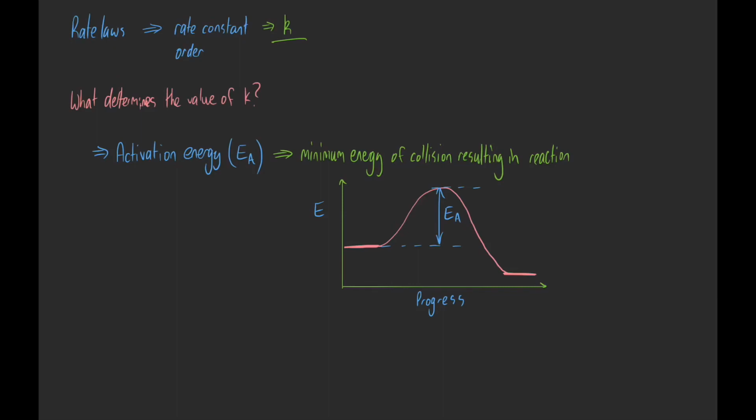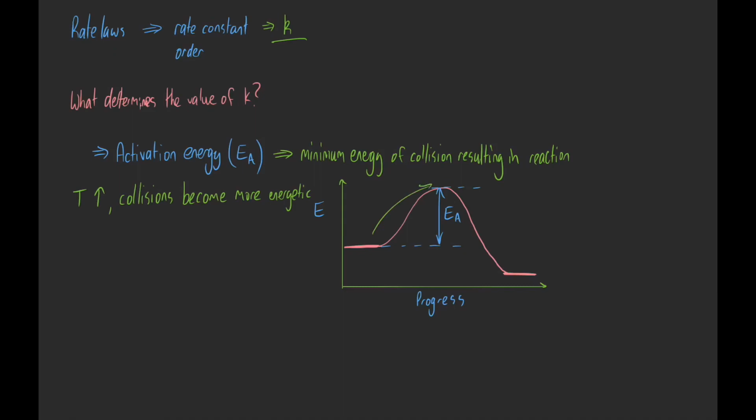The energy associated with the activation energy must come from the energy of the collision between our two molecules. So what that means is that as the temperature is increased, then the collisions become more energetic, and the reaction will go faster because there'll be more collisions that are able to get over this barrier.